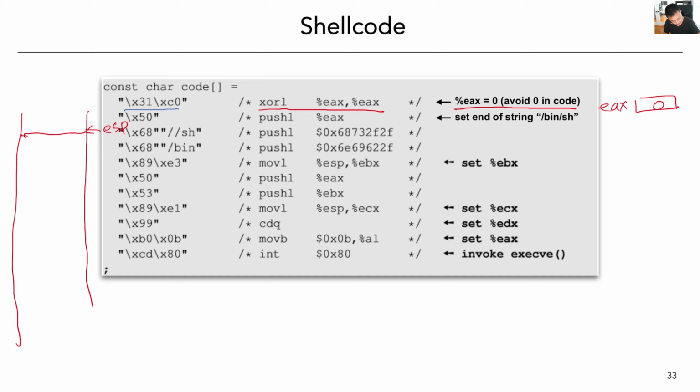We push EAX, so we get 0 here, and your ESP also moves down. Then we push these two numbers. This is actually the encoding of //sh and /bin, right? Those are the two strings on the stack.